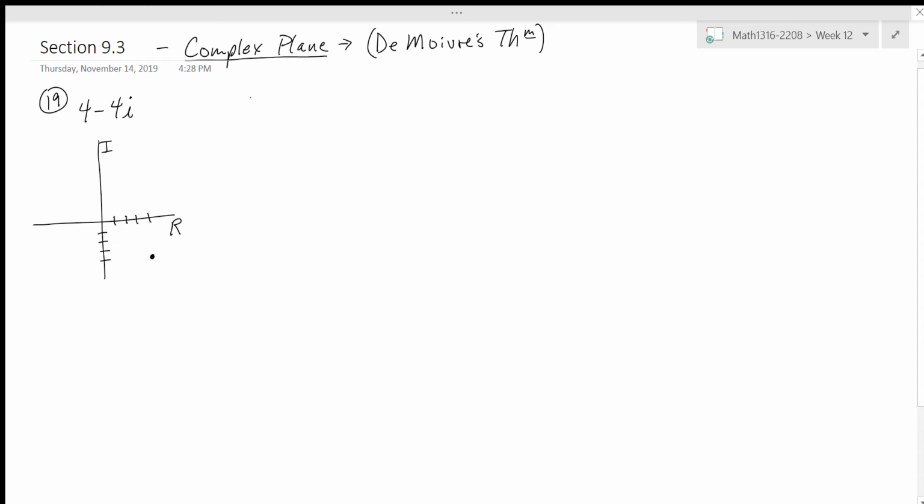So the radius is going to be the square root of a squared plus b squared. And theta is going to be the inverse tangent of b over a. So we're going to need these two formulas.